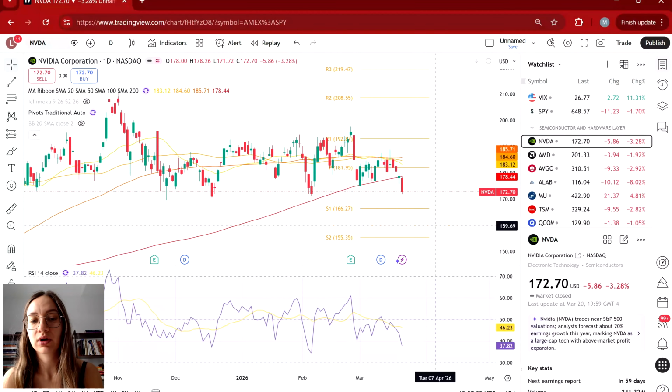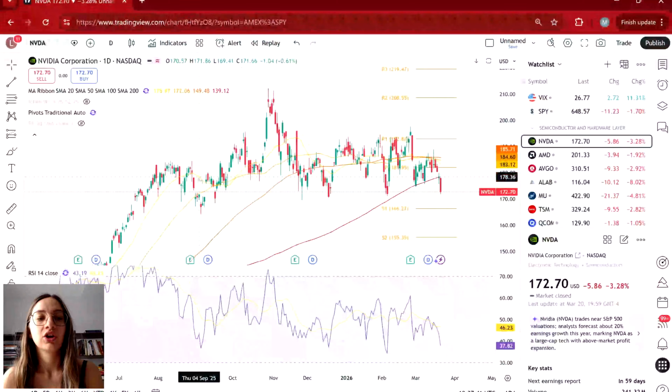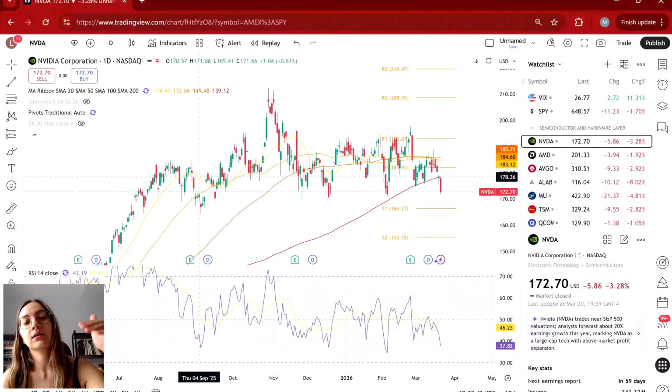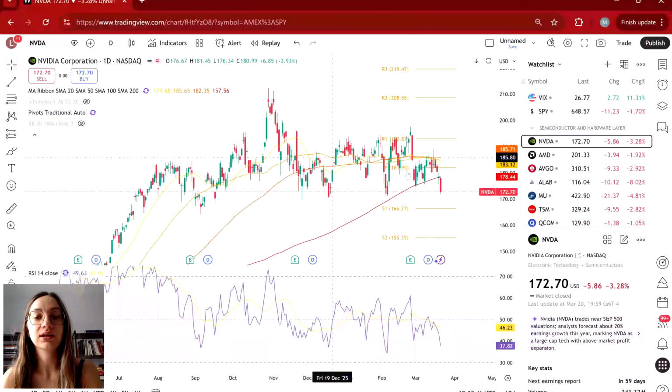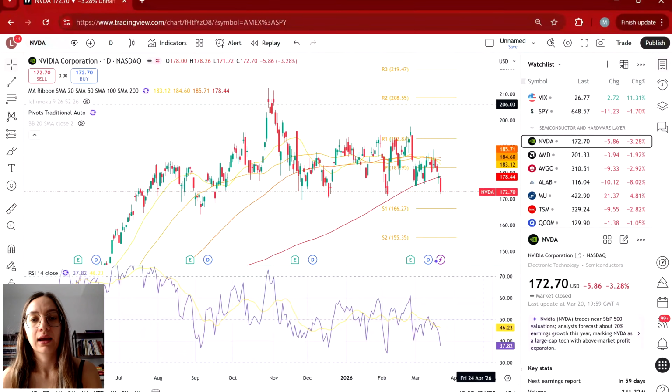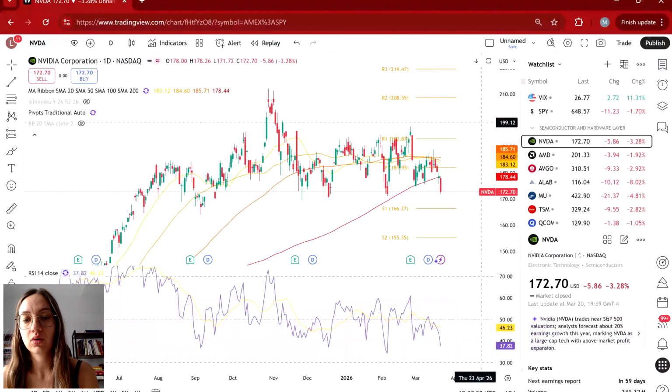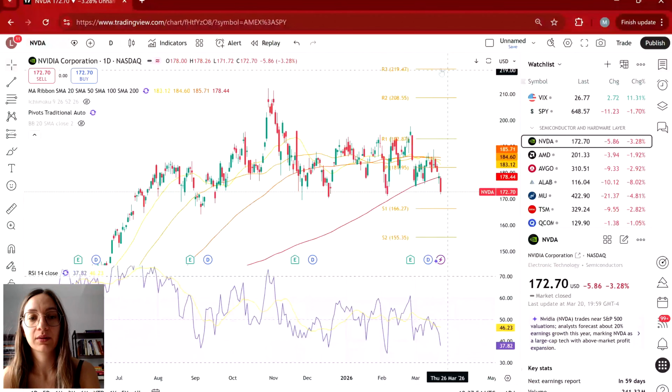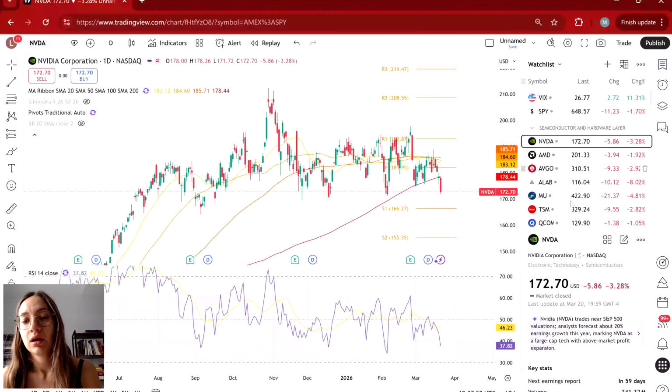I sold a put around 160. If it actually goes there, I'll be happy to own the stock because NVIDIA is known for a big rally up and then sideways movement and then rally again. So maybe by the end of this year, I could see NVIDIA going to R3 levels, like 219.